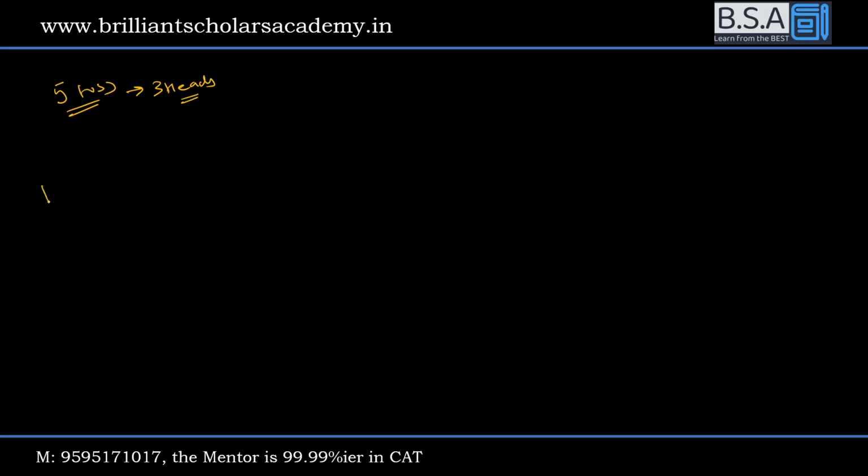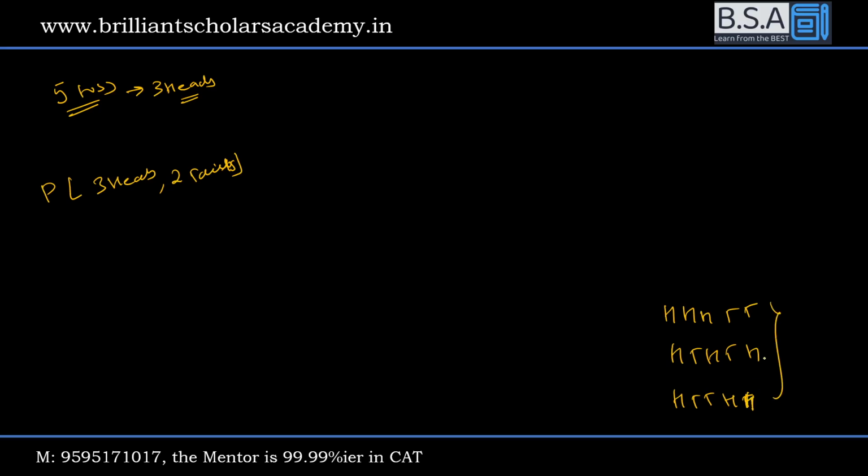Please understand, I want 3 heads means I want 2 tails on these 5 tosses. Now see, it could be heads, heads, heads, tails, tails. It could be heads, tails, heads, tails, heads. It could be heads, tails, tails, heads, tails.